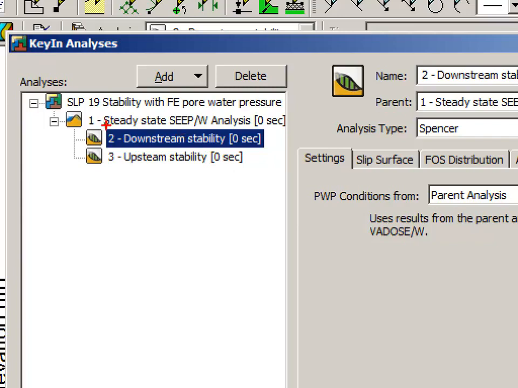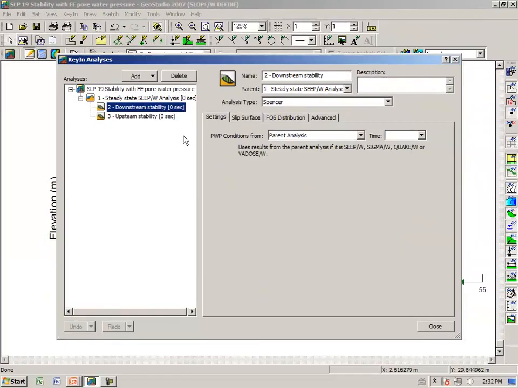The parent is the steady state seepage analysis. So here we identify who is the parent. In this particular case, we are obtaining our pore pressures from the parent, and the parent is the steady state analysis. This is how SLOPE/W knows where to go to find the pore water pressures at the base of the slice.